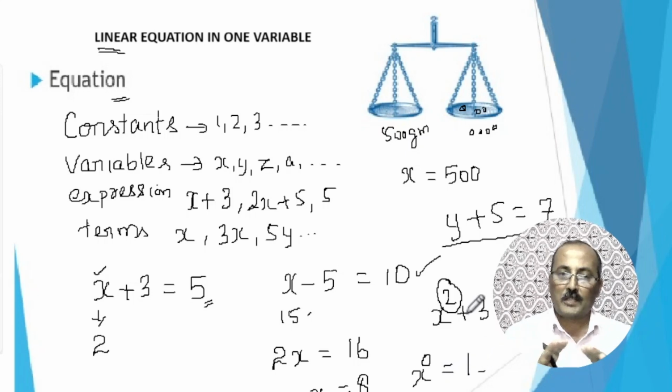So this chapter is completely going to deal with linear equation. Linear means only one power. Almost all the sums will be with power 1. If we want, we can take power 2 and solve, but that will be done in class 9 in the form of quadratic equation, cubic equation, like that.